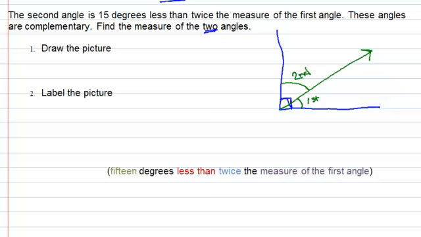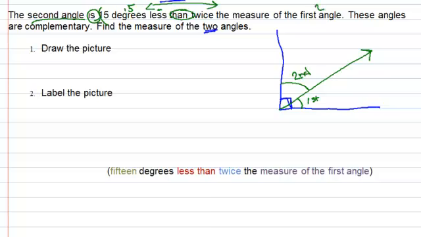Now let's go back to this beginning sentence here where it says the second angle is 15 degrees less, that's a minus, than, remember, is going to switch the order, twice the measure of the first angle. So we've got all this complicated stuff that's talking about the second angle.